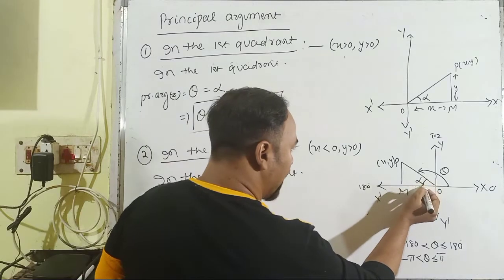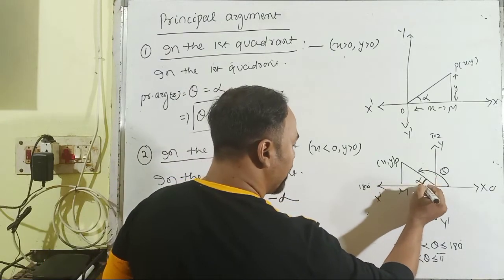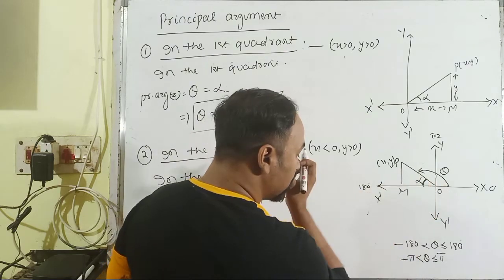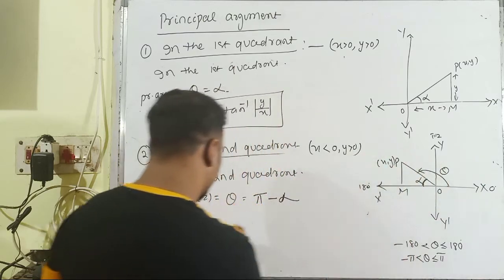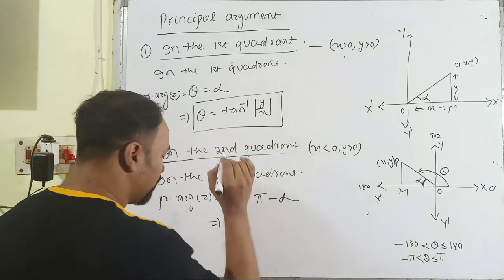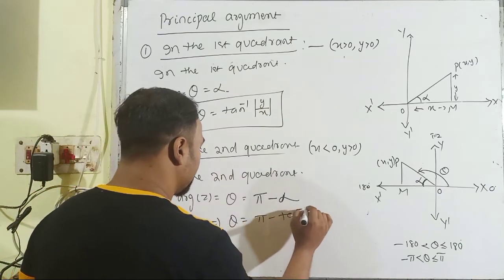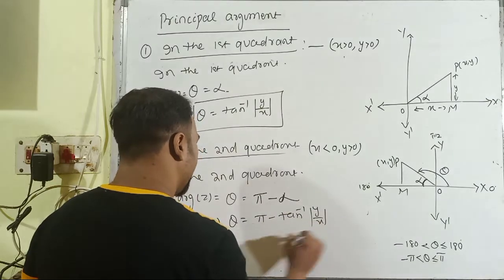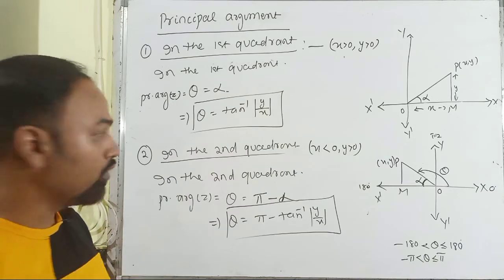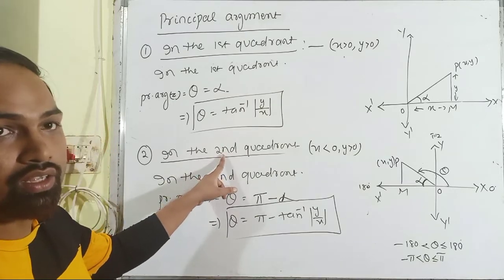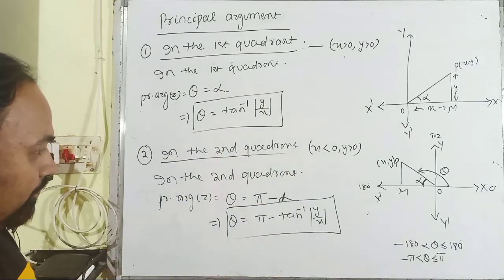Here it is alpha, so pi minus alpha; subtracting alpha from pi, we get theta. That implies the principal argument of z is theta equal to pi minus tan inverse modulus of y upon x. This is the formula of the principal argument of a complex number which lies in the second quadrant, that means x less than 0 and y greater than 0.